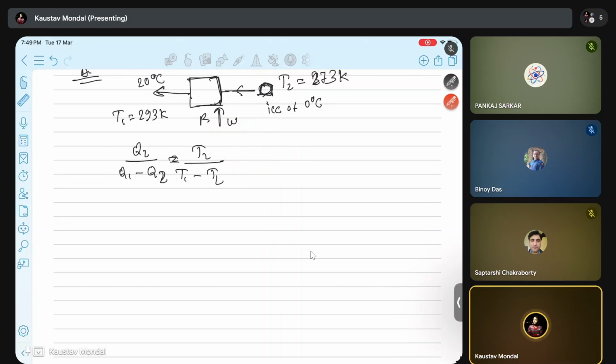This is the coefficient of performance. From here you can write Q1 by Q2 is nothing but T1 by T2.